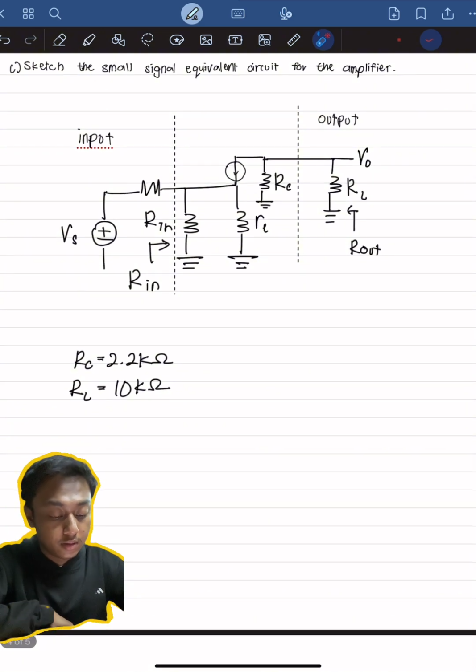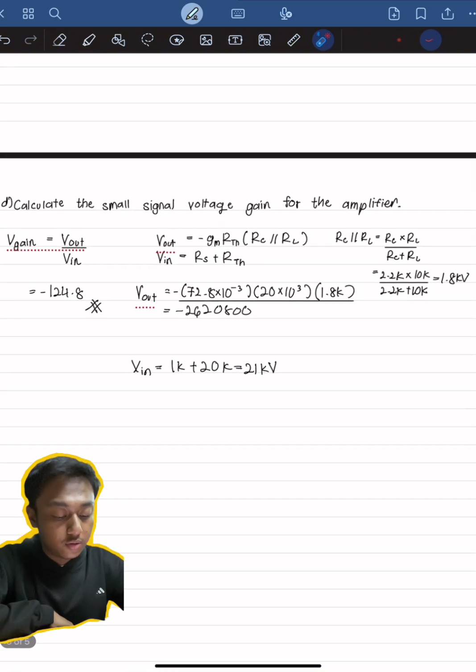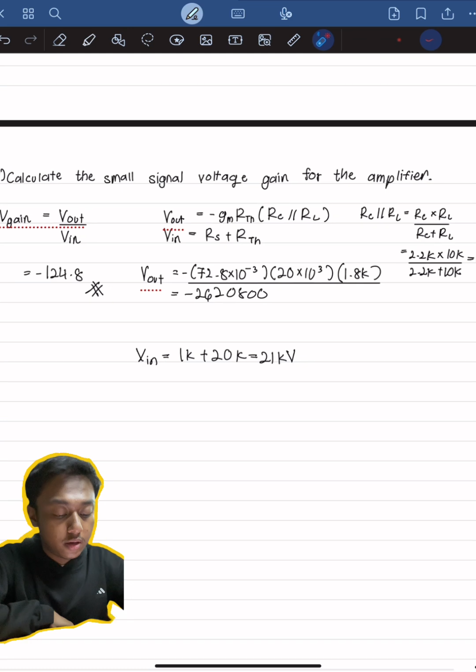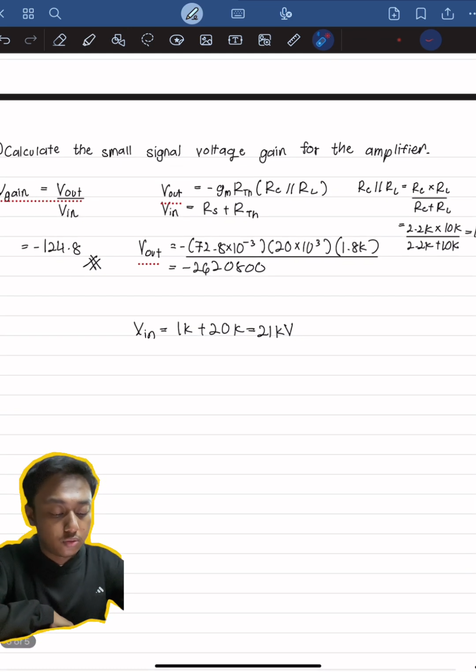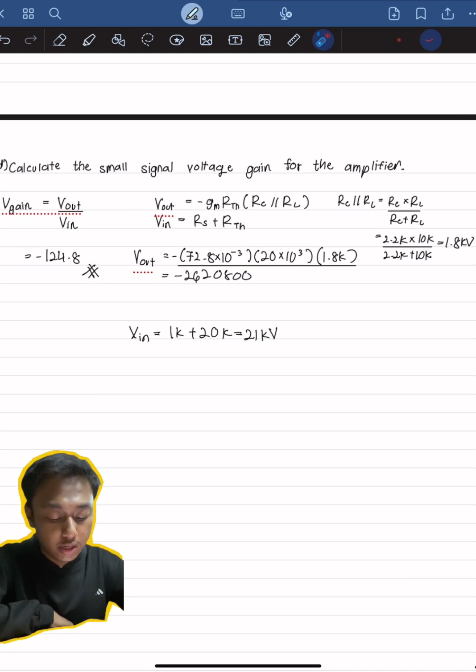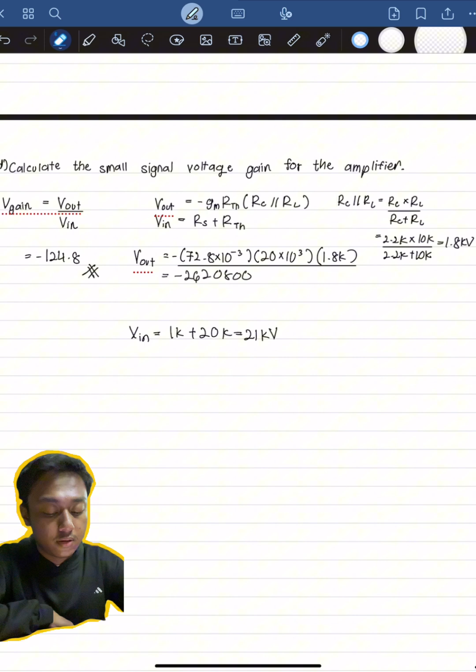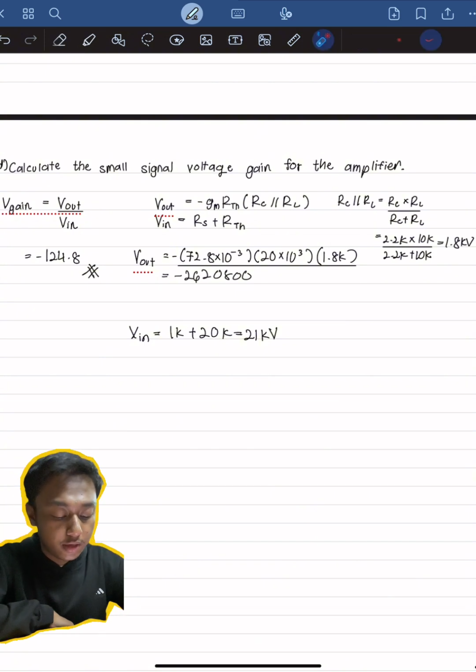Rather than we refer to the original circuit. Okay. For the last question, we have to calculate the small signal voltage gain for the amplifier. So from the formula, we can say that the voltage gain is V out over V in.